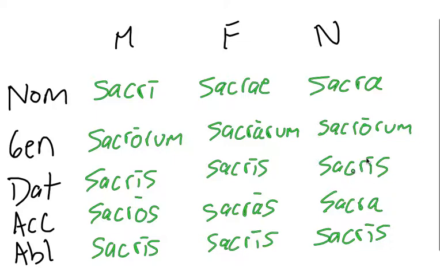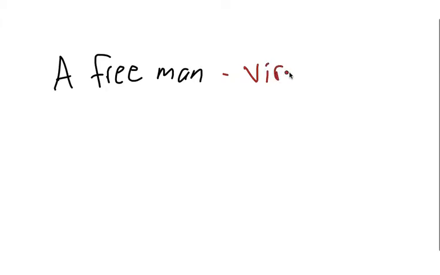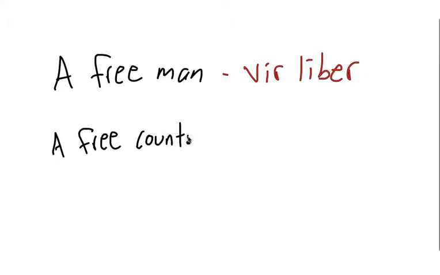If you're going to use these adjectives to modify nouns, remember that they have to agree in case, number, and gender. So if we wanted to say a free man, we would say vir liber. If we wanted to say a free country, we would say patria libera.